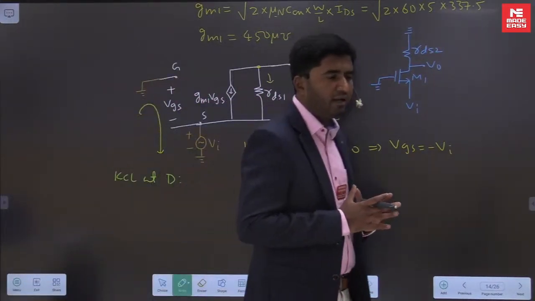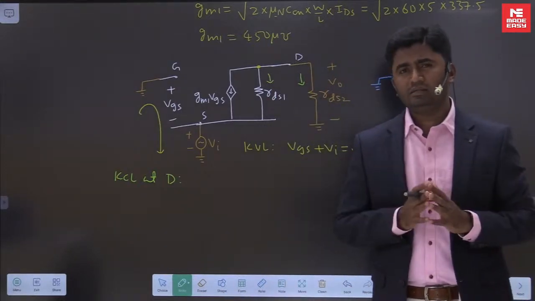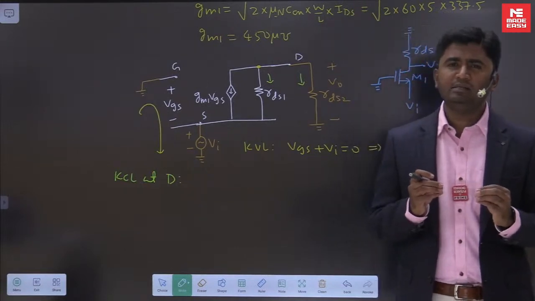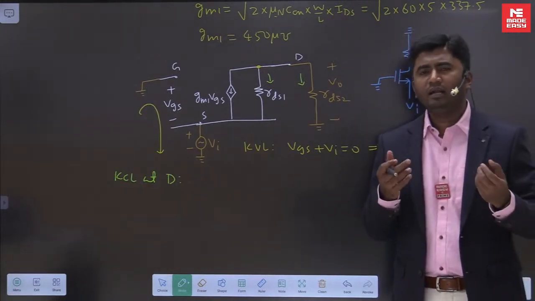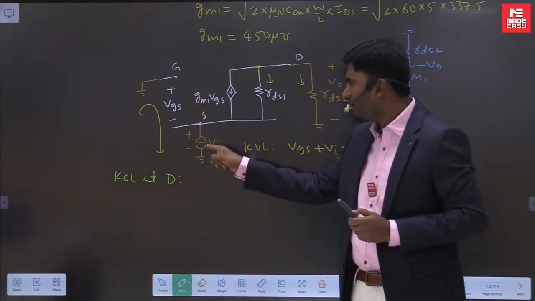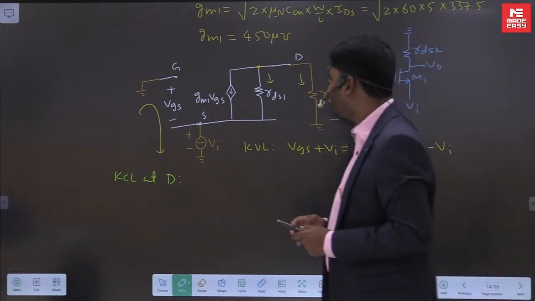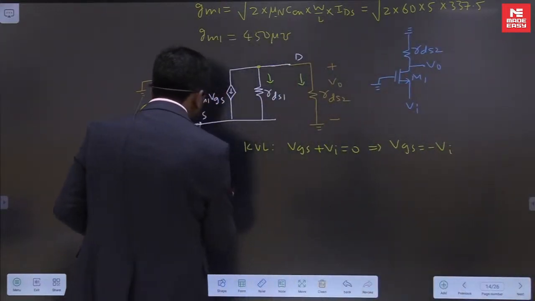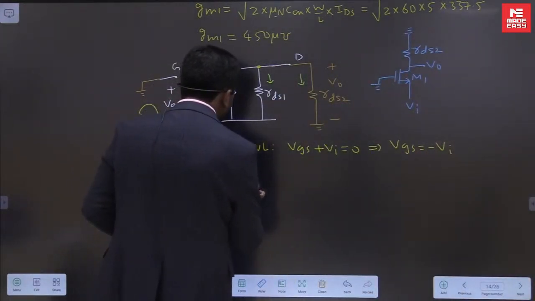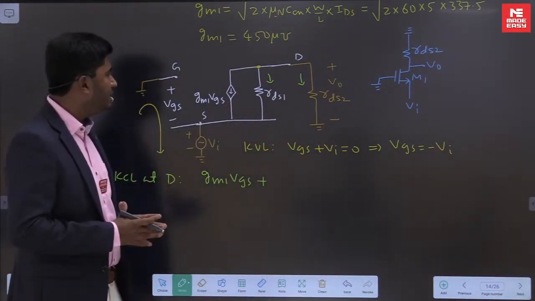In this amplifier analysis, you have to be very good at network analysis. Amplifier analysis is all about network analysis. So first we applied a KVL here, then I'm applying a KCL. The sum of these three currents is equal to 0. GM1 into VGS plus what will be the current in RDS1?